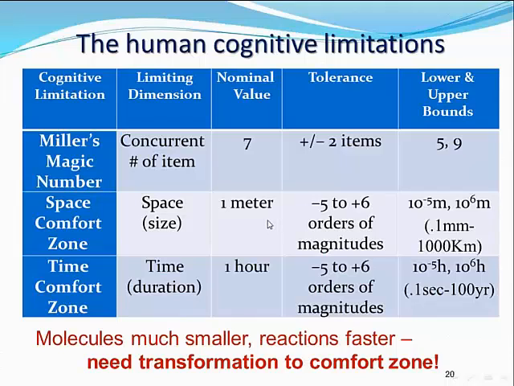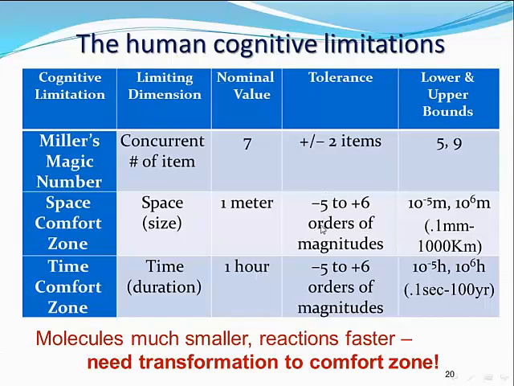So here is, in more numeric terms, the cognitive limitation we are talking about in space and time. Humans are about 1 meter order of magnitude in size, and they can think about time of about 1 hour. These are the neutral metrics in space and time that people can easily relate to.